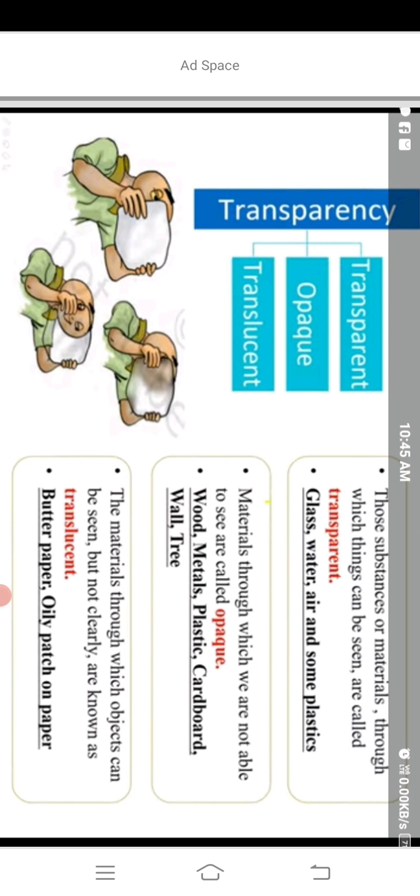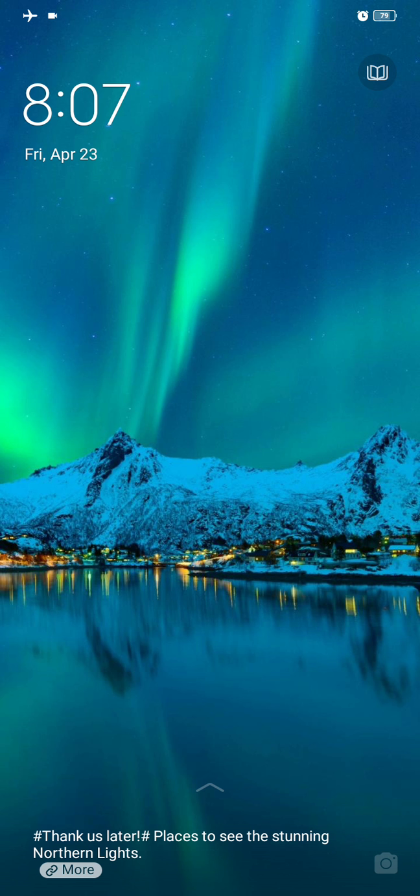You can see some amount of light but not clearly. So our palm acts as a translucent material.